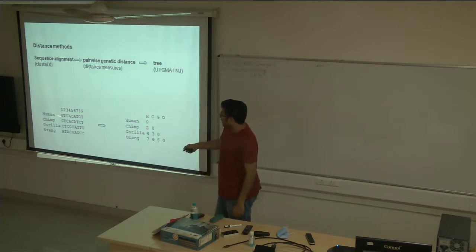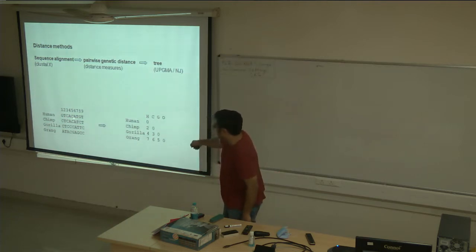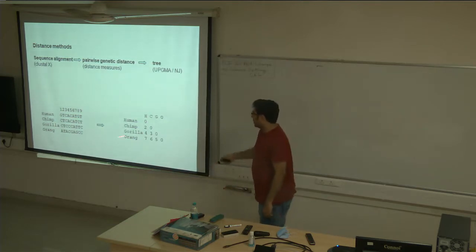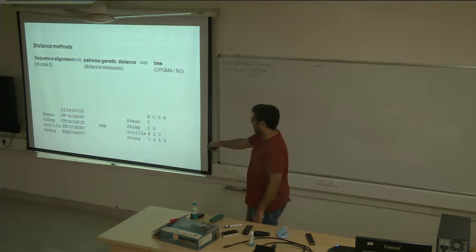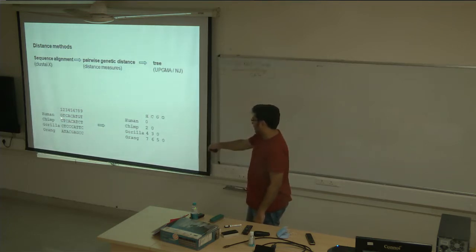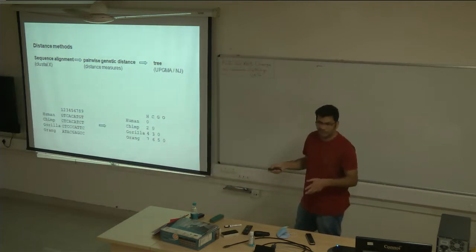You calculate how many bases are different in these two taxa. Here the first base is different, and base number 8 is different. So there are two differences, and you put down 2 here. The same way you calculate for human and gorilla. There are 4 differences between human and gorilla. The same way you do it for all the taxa pairs.